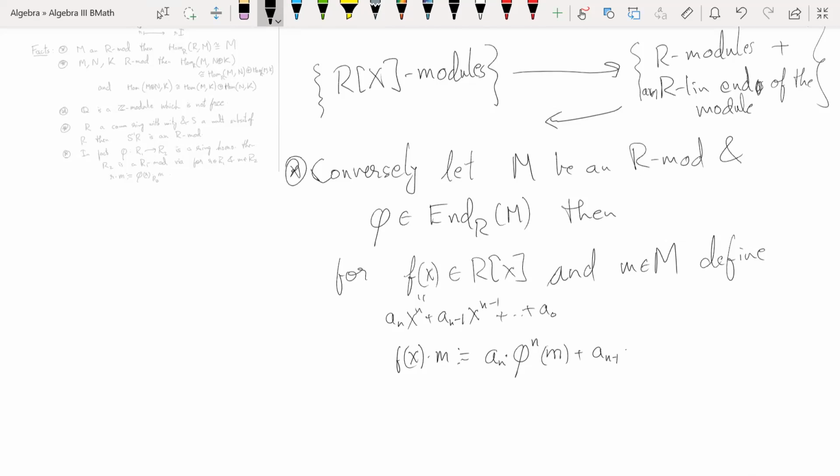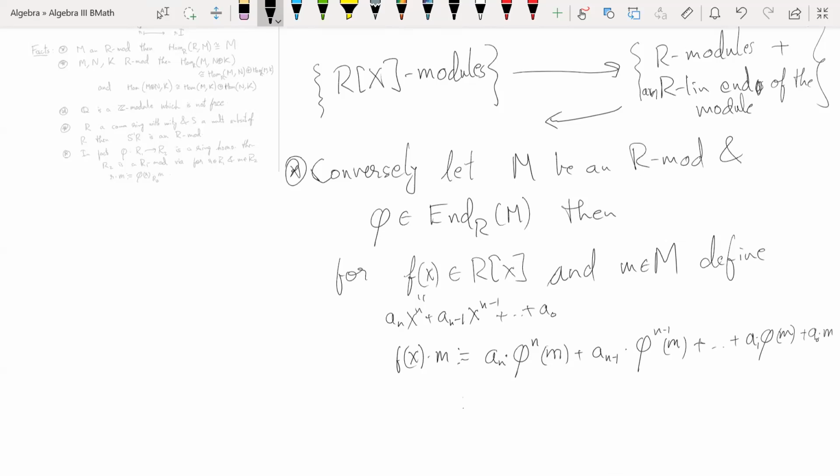Phi to the power n minus 1 means compose phi with itself n minus 1 times and evaluate it at m. So you get an element of M, then scalar multiplication by elements of R makes sense, and so on. So a_1 phi(m) and finally plus a_0 m. So this is the definition of f(x) dot m.